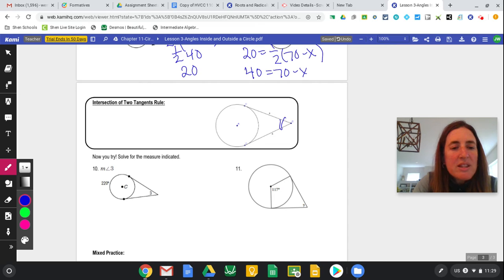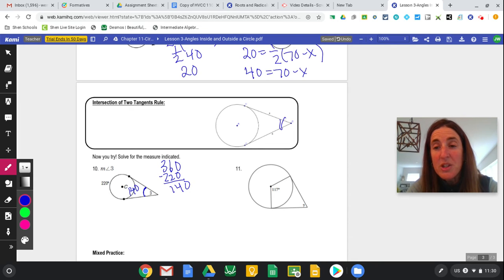If you look down at this example here, I'm looking for angle 3, and you're probably like, shoot, I have so many unknowns. But don't forget that a circle has 360, and if you know one of the arcs on the outside, that other arc on the inside here is really 140. So it looks like there's not enough info, but there is.